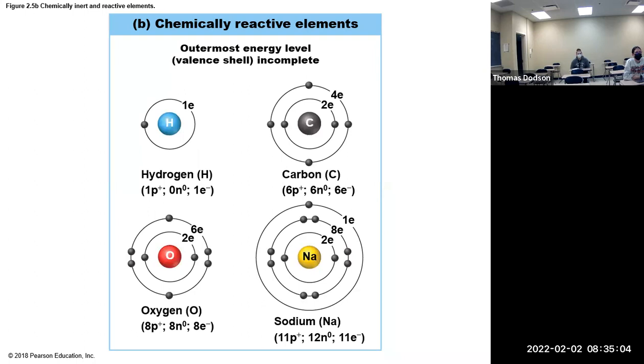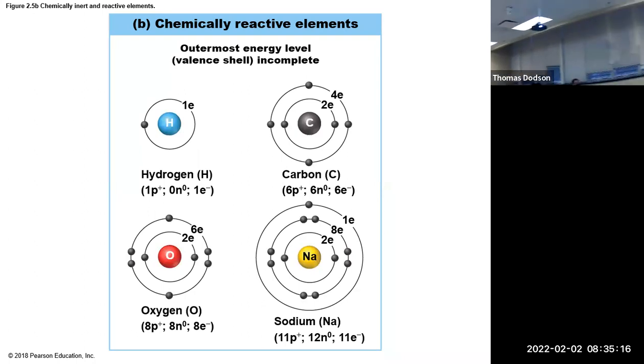So we talked about CH4, methane. So we've got CH4. So C has got 4 electrons. Each hydrogen has 1.